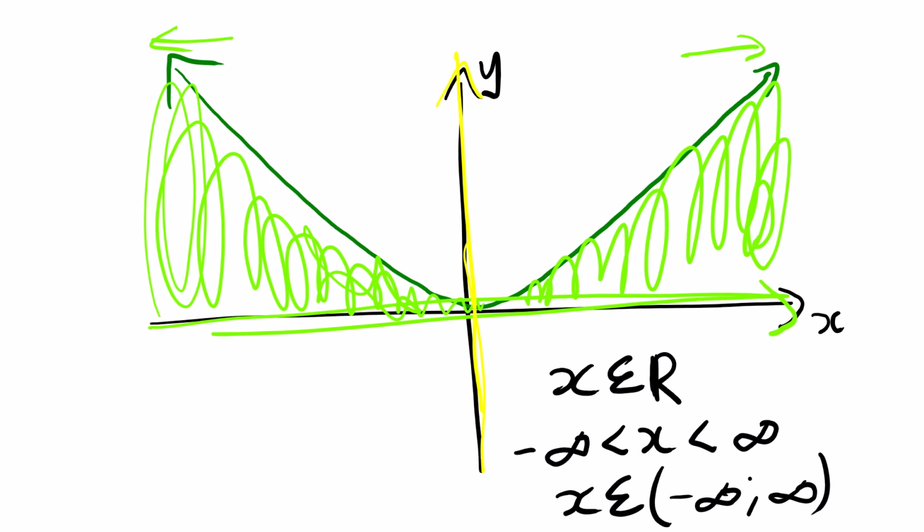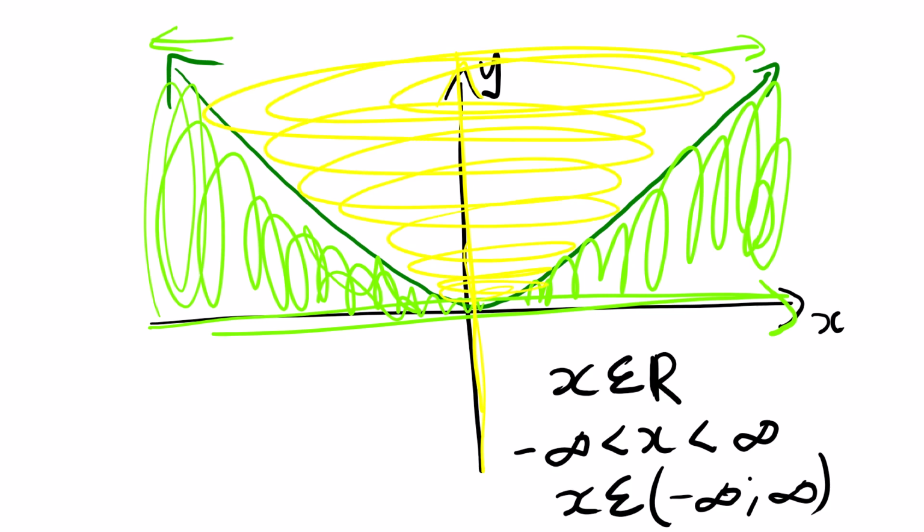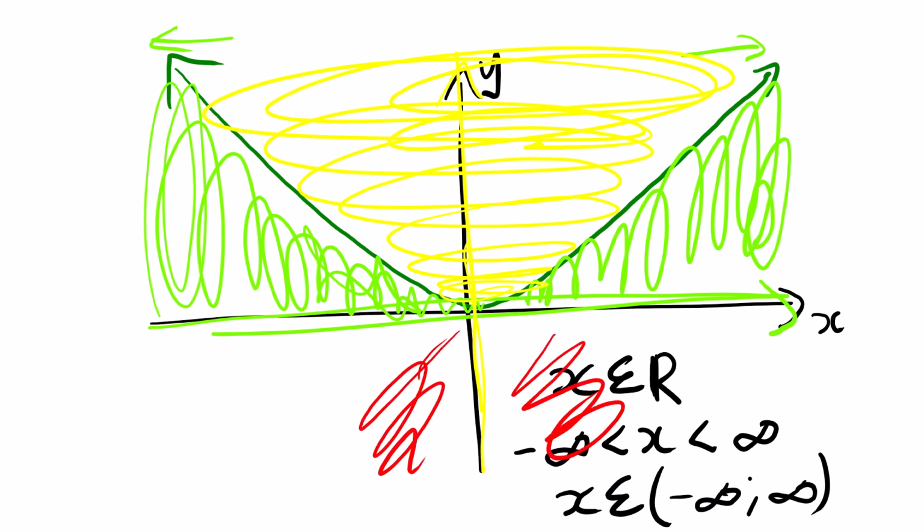We can see that the graph is only covering the positive side of the y-axis. On the negative side, we don't have any graph. You can see here, left or right, there's no graph. So it simply means that our graph is covering all the values of y starting from 0 up to infinity.